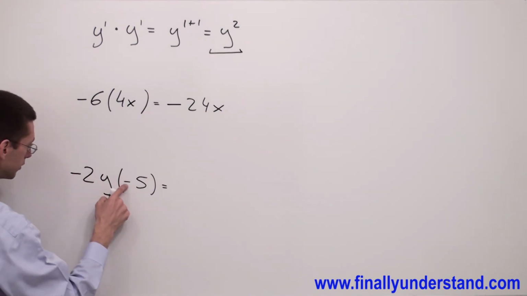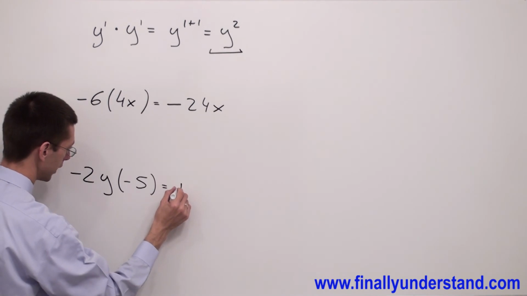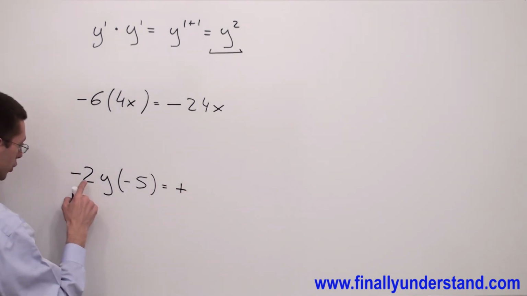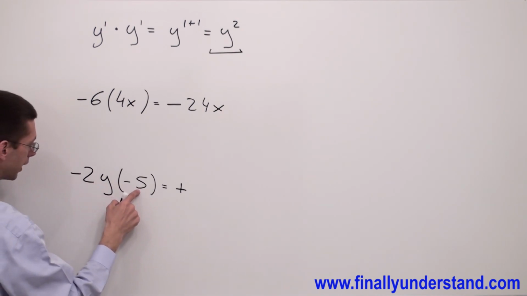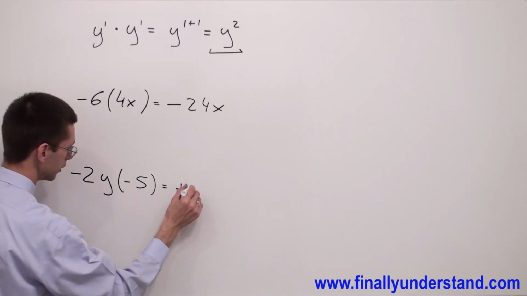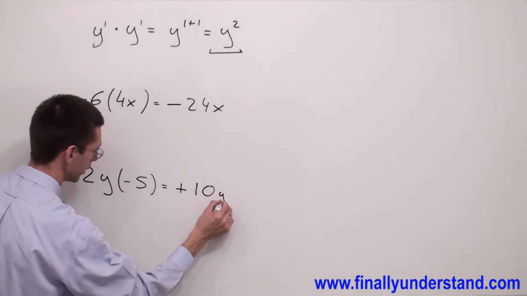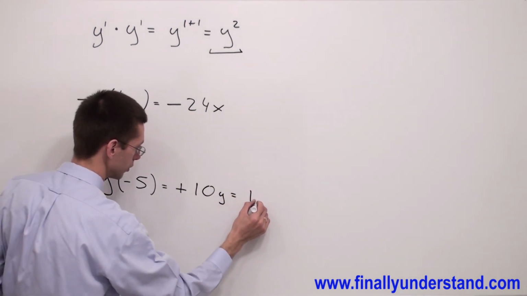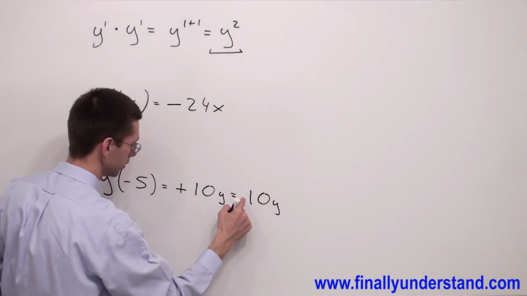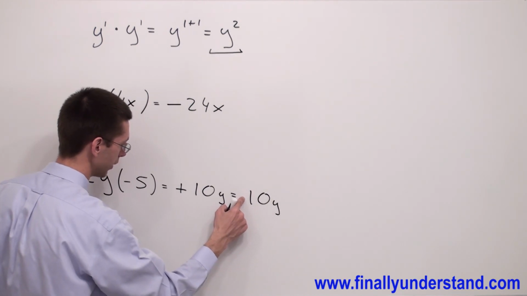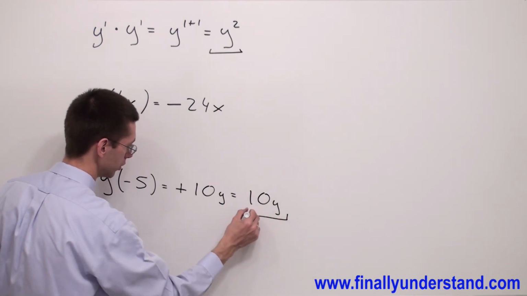Negative times negative will give me positive, okay? 2y times 5 is equal to 10y. My answer is 10y, because most of the time we don't write the positive sign. This is the solution to my problem.